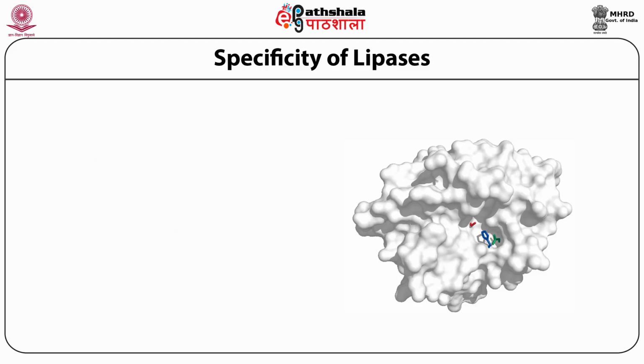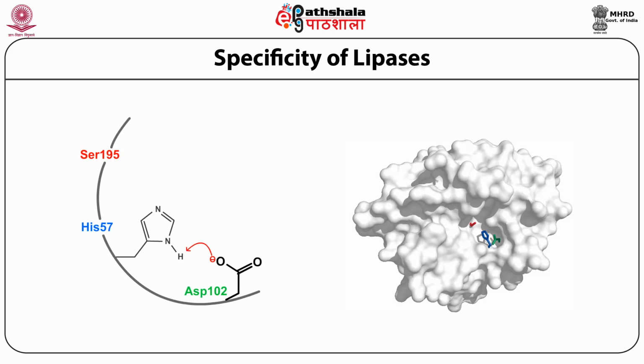The only exception is CalB, which does not have this pentapeptide around the active site. CalB is a very frequently used lipase, and as we will talk about elsewhere when we give illustrative examples of the use of lipases in synthesis, we will frequently come across this enzyme. So this particular lipase is a very extensively studied and used enzyme.